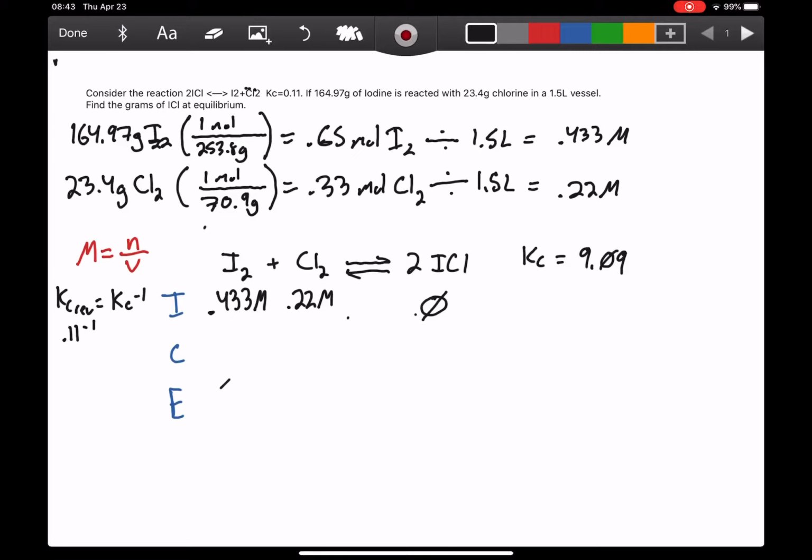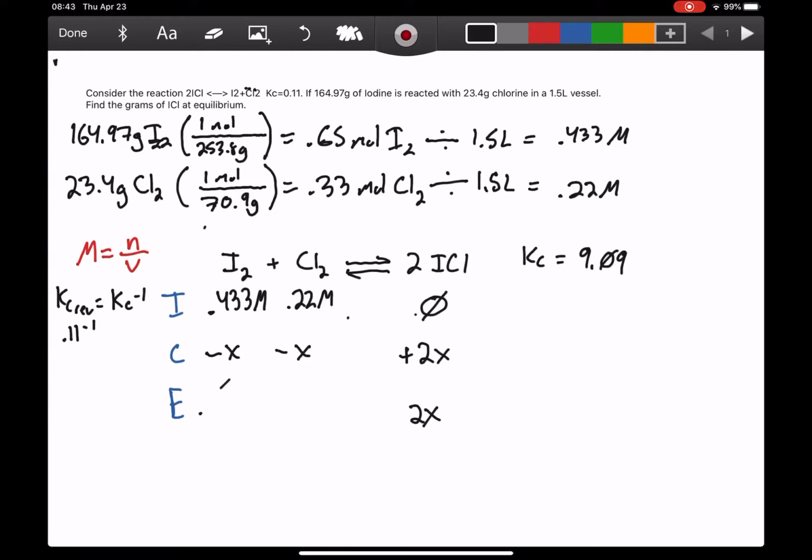So for every 1 mole of reactant that we use up, we're going to get 2 moles of product. So over here it's going to be minus X, and then over here it's going to be plus 2X. And then for equilibrium, this is just going to be 2X, because 0 plus 2X is 2X.